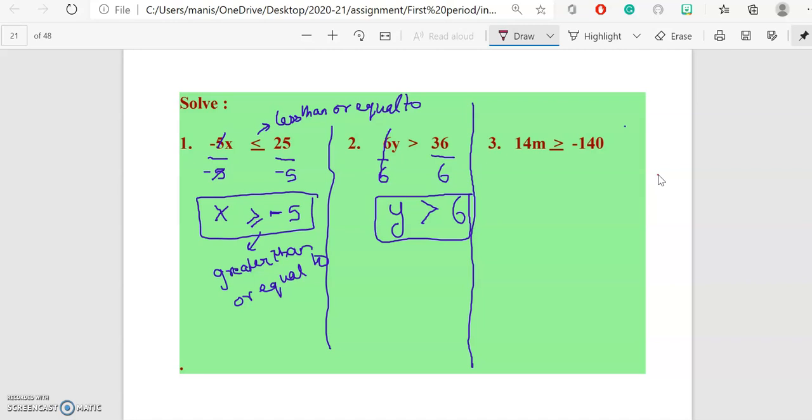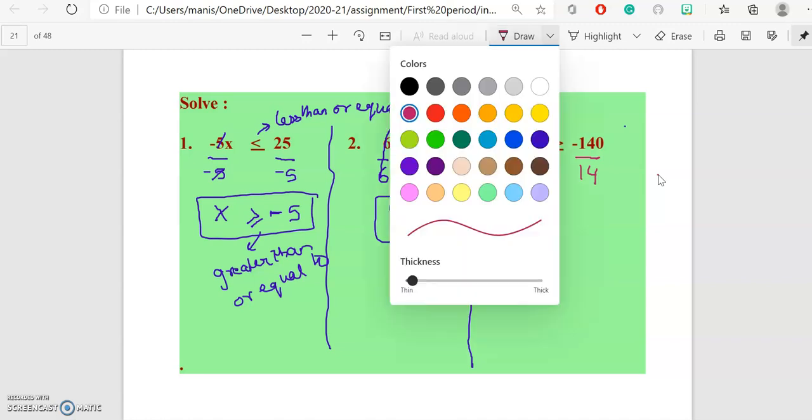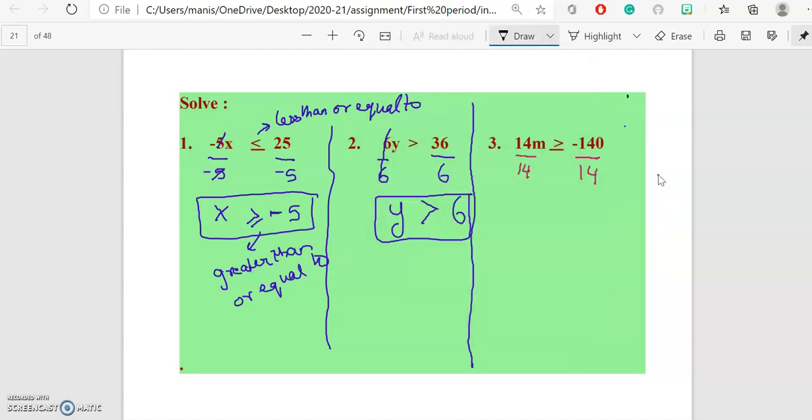No. So you will divide by only a positive 14. Again, your rule from number 1 does not apply over here because you are not dividing by a negative number. In question 1 it was negative 5, that's why you had to divide by negative 5, but since this is positive 14, we are dividing by positive 14. So the rule of reversing the direction of the inequality symbol will not apply over here.